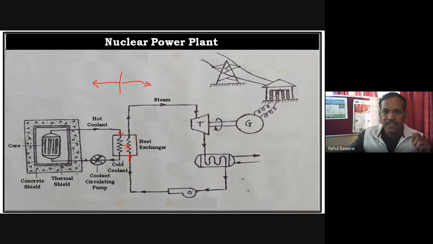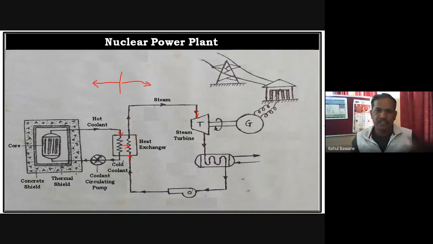Now this superheated steam we allow to pass through a steam turbine. When this high pressure, high temperature, superheated steam passes through the steam turbine, it expands, and that expansion force applies on a rotor, and the rotor of the turbine starts rotating.